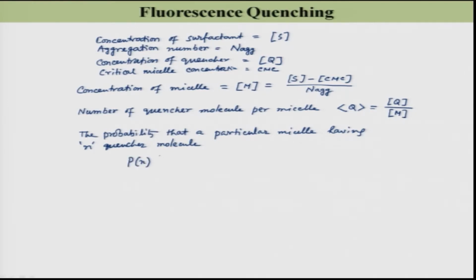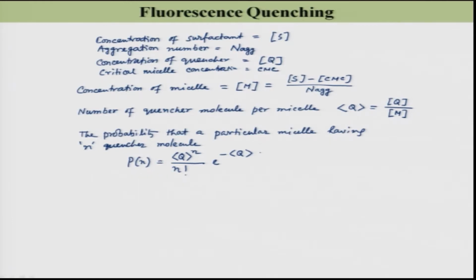Using my Poisson distribution, the same way as earlier, I can write P n equals average Q to the power n by factorial n, times e to the power minus average Q, right.